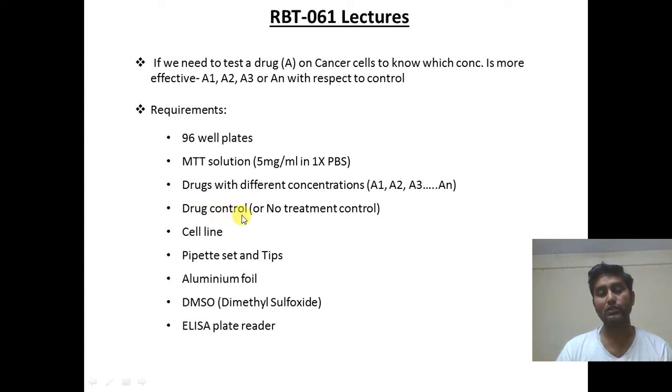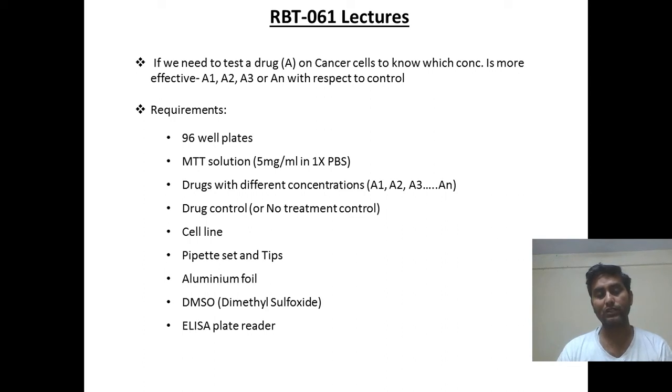If the drug is dissolved in something other than water, or a solution which is not present in cell culture media, then we need to keep one drug control with that solvent. Apart from that, we should choose a cell line: if the drug is targeting oral cancer, then we should choose an oral cancer cell line.